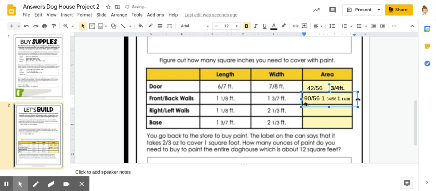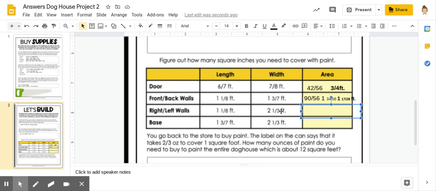Okay, so the next one, right down here, 1 1/8 feet times 2 1/3 feet. Again, these are mixed numbers. We need to turn them into improper fractions so that we can work with them. 8 times the whole number of 1 is 8, plus 1 is 9, so we end up with 9/8.